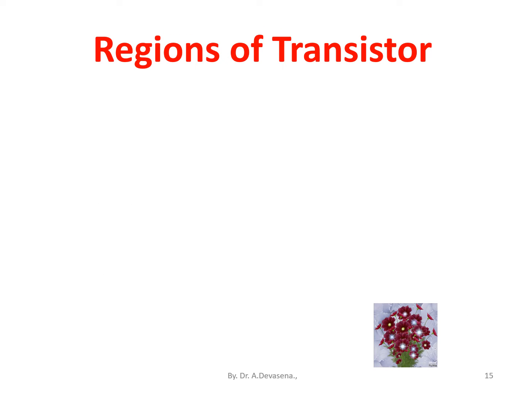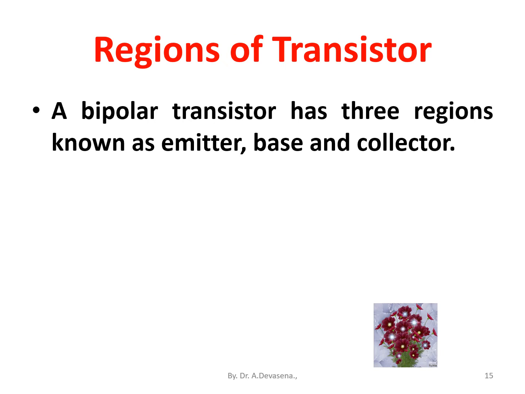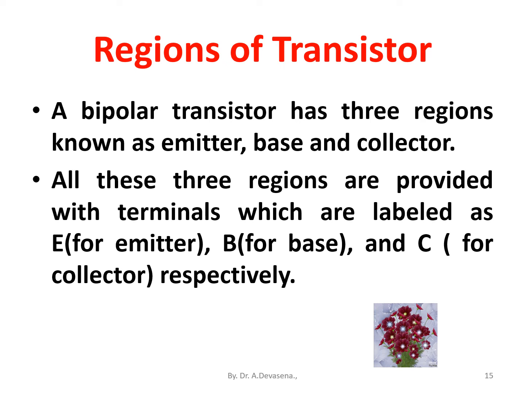Regions of transistor. A bipolar transistor has three regions known as emitter, base, and collector. All these three regions are provided with terminals which are labeled as capital E for emitter, capital B for base, and capital C for collector, respectively.